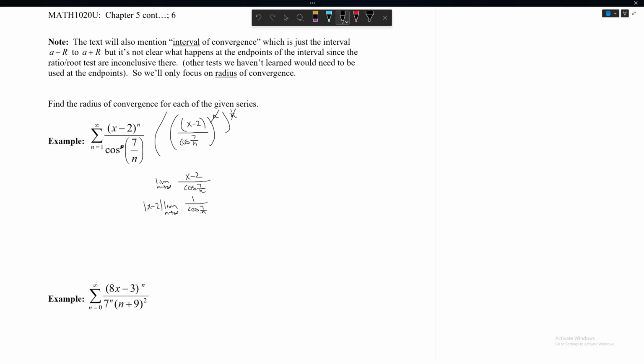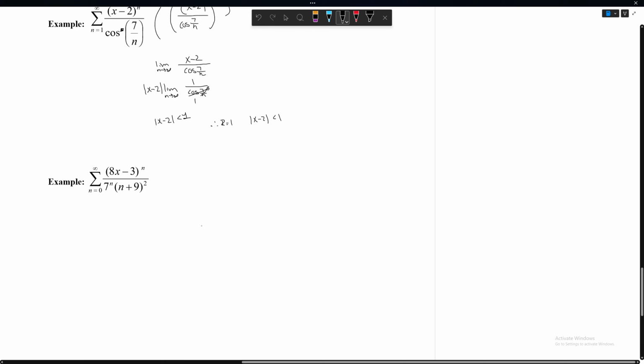Now remember, 7 over a very big number goes to 0. Cos of 0 is 1. 1 over 1 is just 1. And so what we get is just absolute x minus 2 less than 1. Therefore, my r equals 1, or you can say my absolute x minus 2 is less than 1.